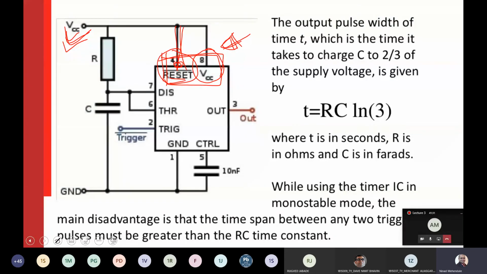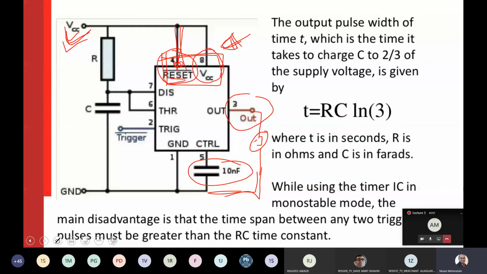Now, the next thing is your output pin, which you can connect anywhere, whatever your output is, maybe an LED or a motor or a relay, anything you can connect to the output. Then we told that pin number 5 should not be left open. So you have to ground it using a 10 nanofarad capacitor, 0.001 microfarad is what we choose for this particular case.